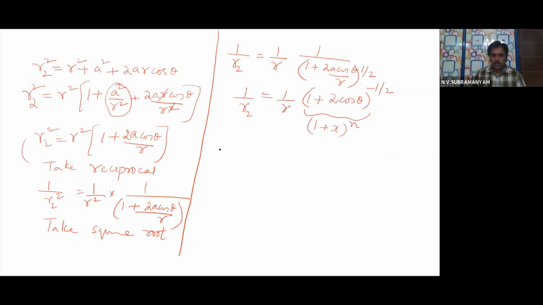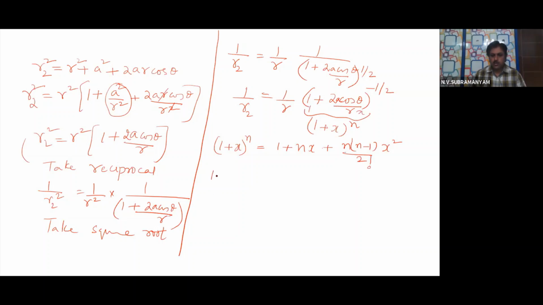Then what will I get? The formula is 1 plus nx plus n into n minus 1 by 2 factorial into x square. We know this is x value, 2a cos theta by r, and this is 1.